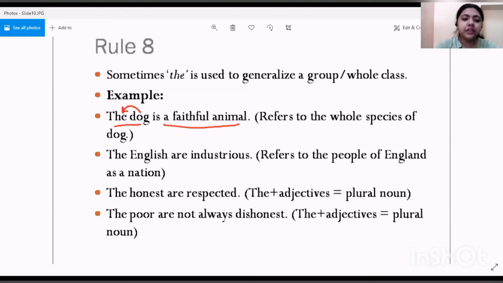Okay, so when we use the before any animal in order to make it represent the whole class or group or species of its kind, we use the definite article before it. Okay, so the dog is a faithful animal here. This refers, the dog refers to the whole species of dog. All right.